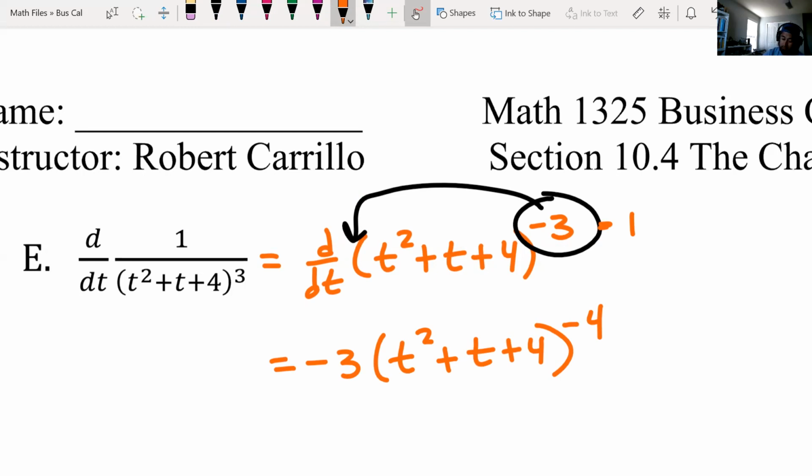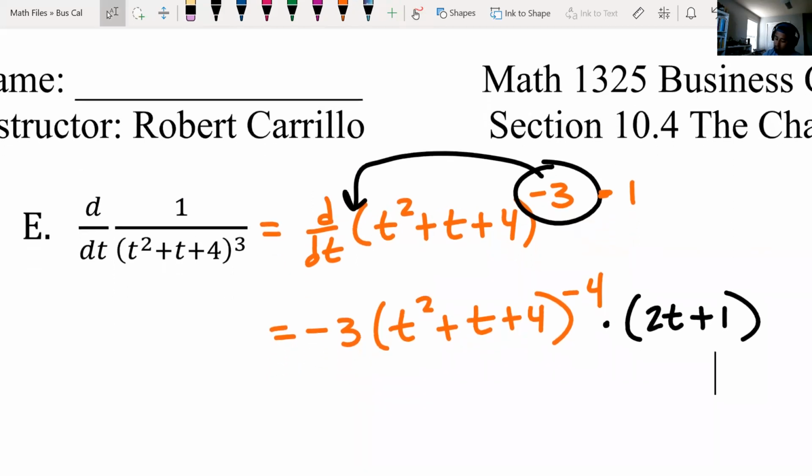And then multiply it by the derivative of the inside. So this one's going to be 2t plus 1. So there it is again, derivative of outside times the derivative of the inside. It's 2t plus 1 because the derivative of t will be 1.